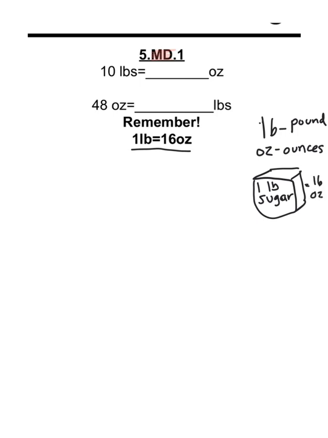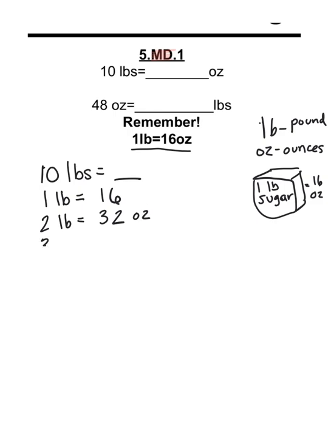All right, so if we're trying to figure out how many ounces are in 10 pounds, and we know that 1 pound is 16 ounces, let's just keep going with this pattern and see if we can puzzle it out together. 2 pounds would be 32 ounces. 3 pounds, what would that be?